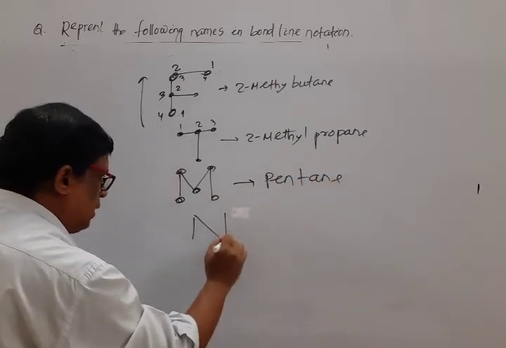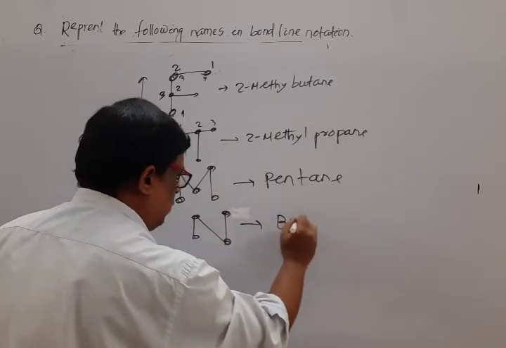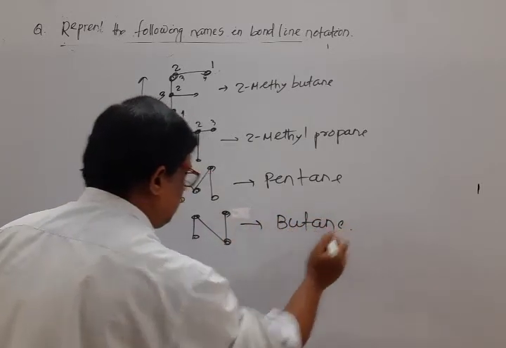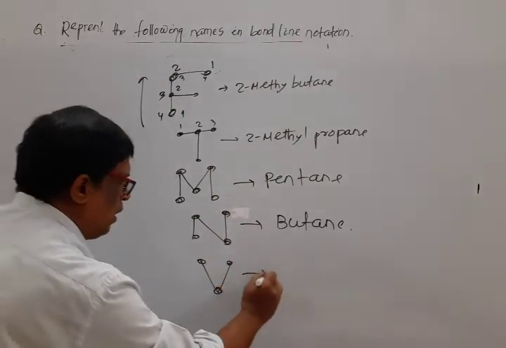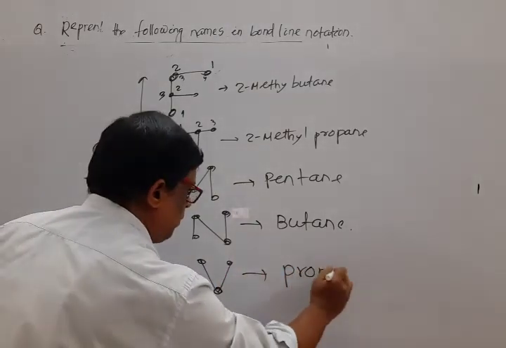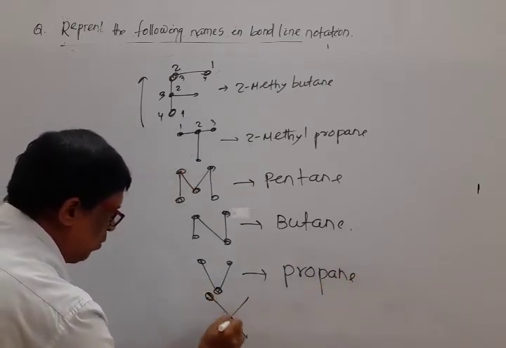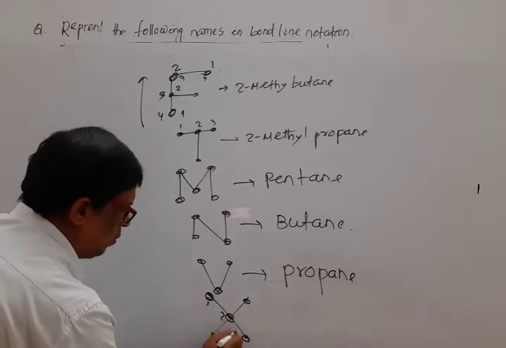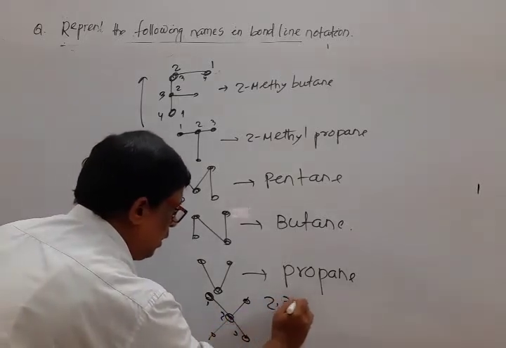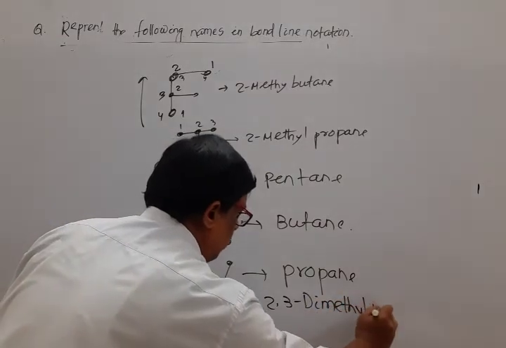If N is there, then 1, 2, 3, 4, it is butane. If V is there, then 1, 2, 3, it is propane. If X is there, 1, 2, 3 with position 2 branched, its name is 2,2-dimethyl propane.